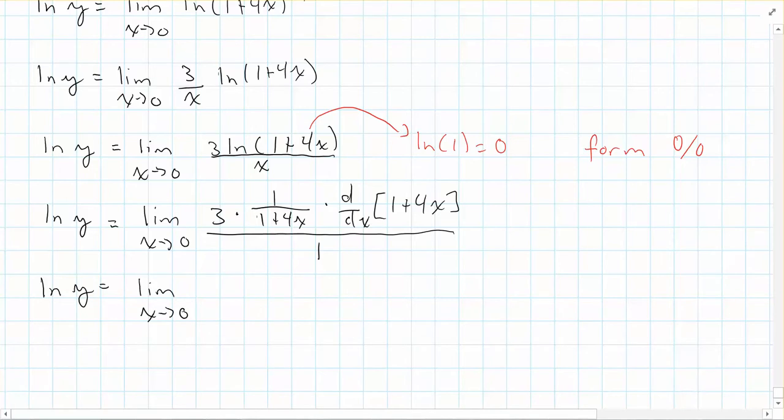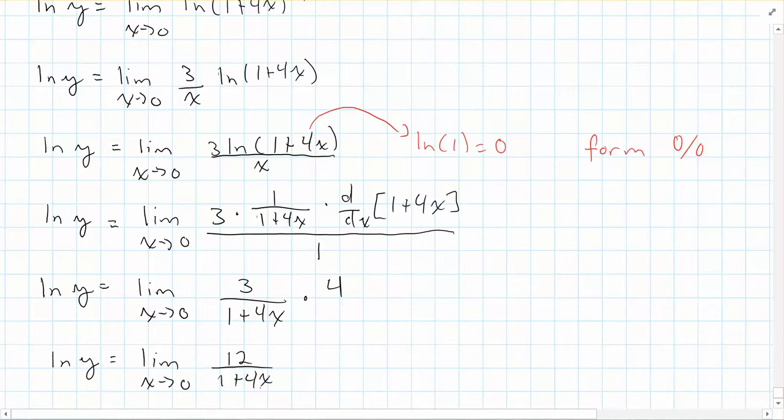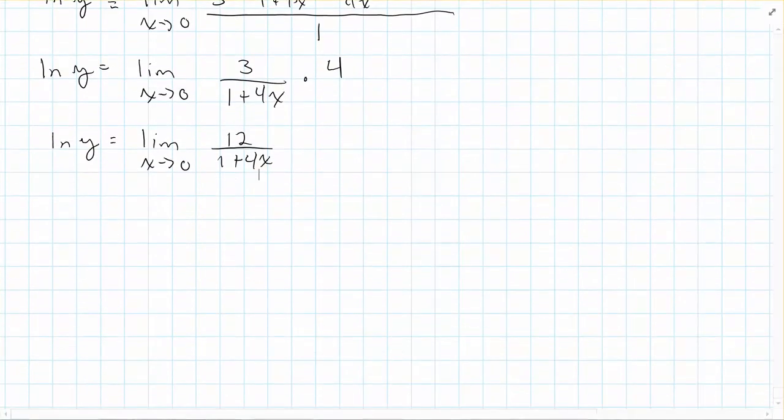Limit as x approaches 0. Let's clean this up some. So I've got 3 over 1 plus 4x. And then derivative of 1 plus 4x, that's just simply 4. So we'd have 12 over 1 plus 4x, which simply just goes to, limit as x goes to 0 of this, that would just go to 12.